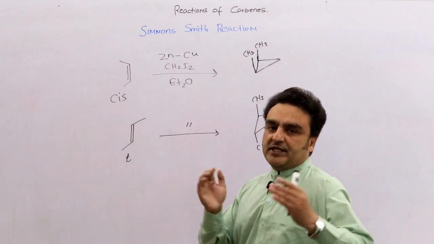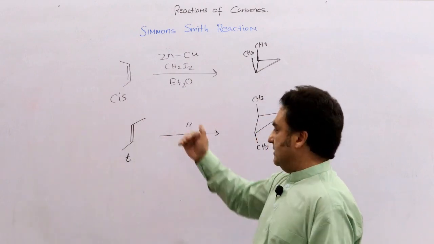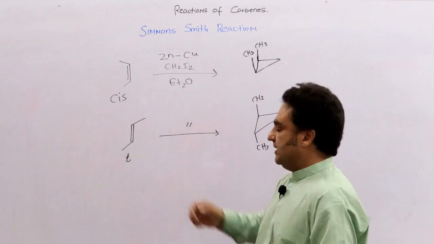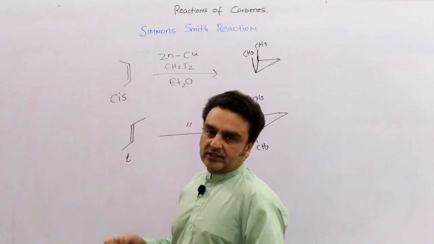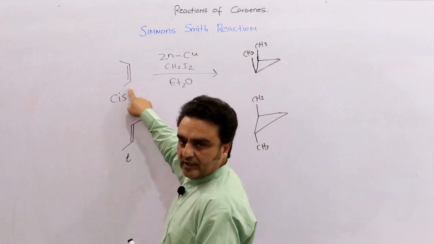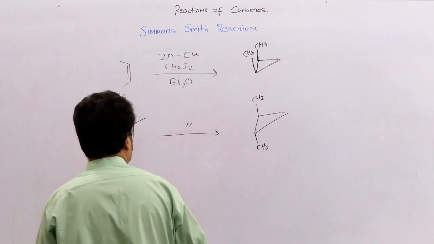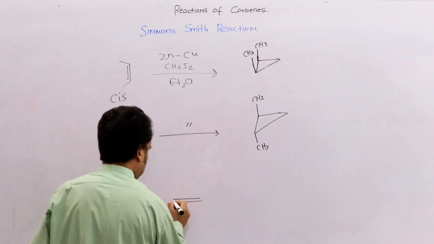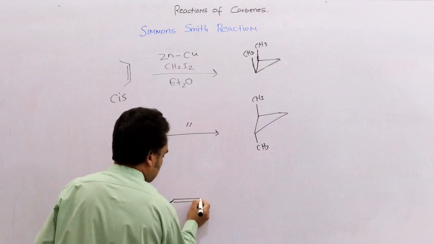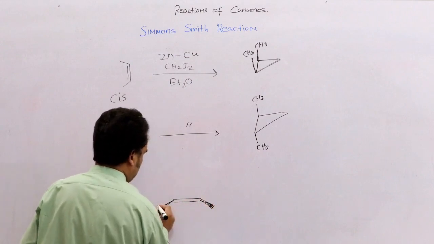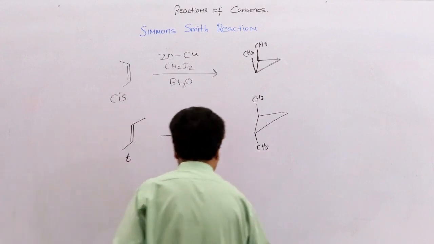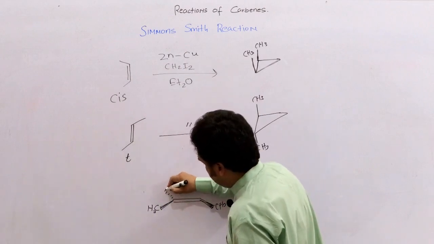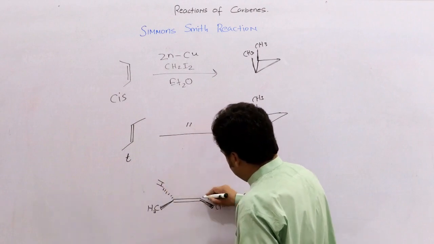So let me write the mechanism of this, how the CH2 is delivered to the alkene. Let's take a cis-alkene as an example. These are the methyl groups toward us, outside the plane of the board, and these are the hydrogens. This is a cis-alkene.